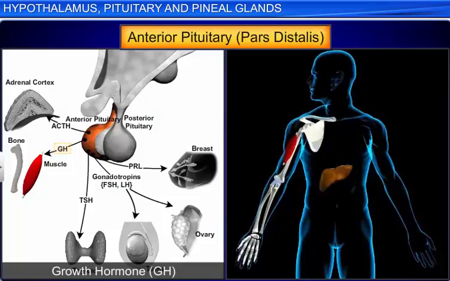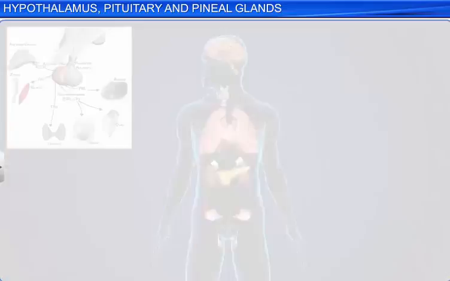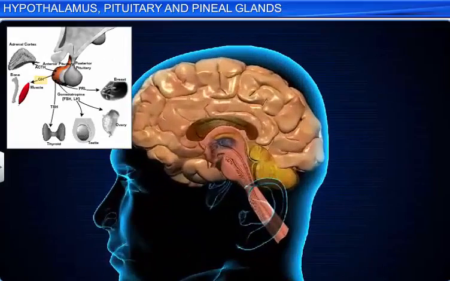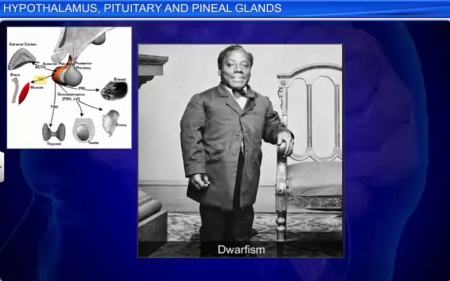The growth hormone or somatotropic hormone acts on the liver, skeletal muscle, cartilage, and bone, and causes cells to grow and multiply. Hyposecretion of this hormone during the growth years or puberty causes dwarfism, in which both bone and organs fail to grow.